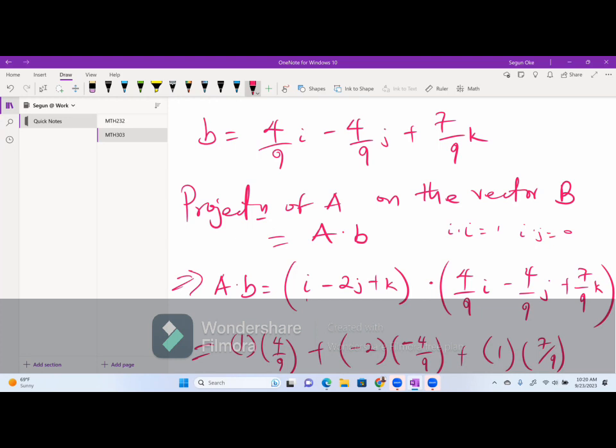Okay, let's look at it. How do we evaluate perpendicular? Let's look at this question.